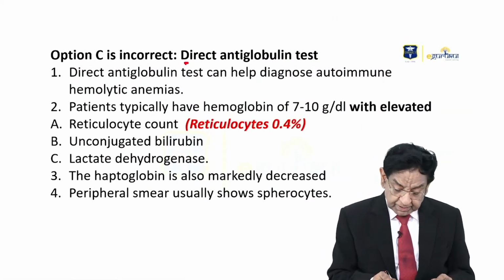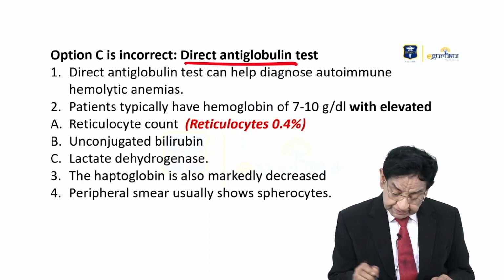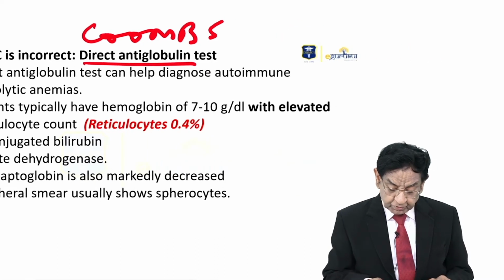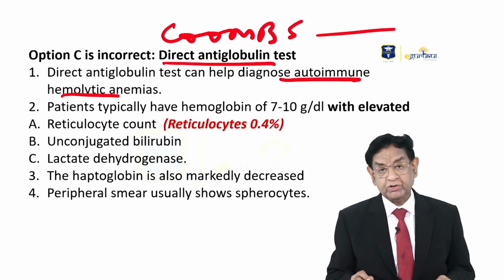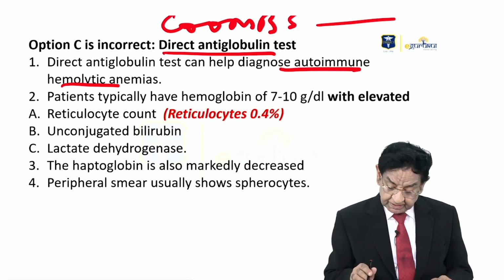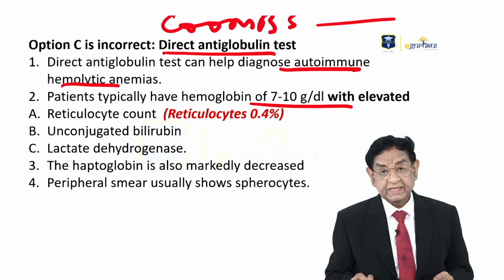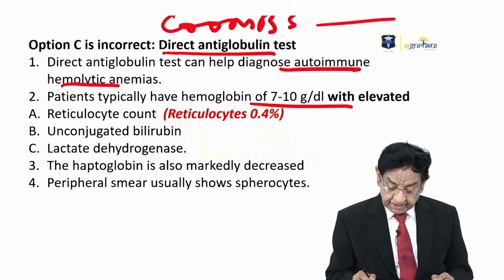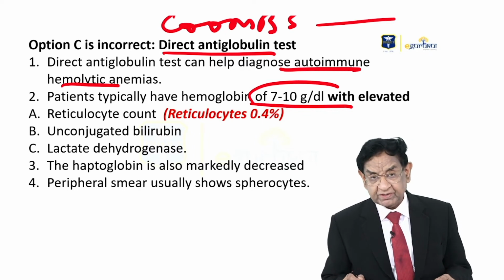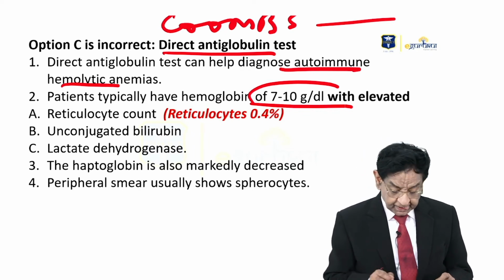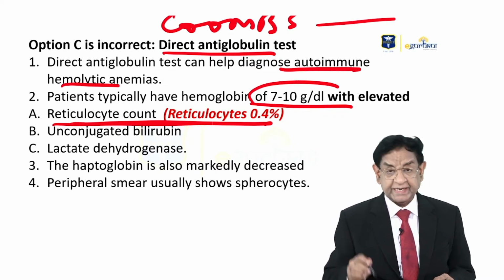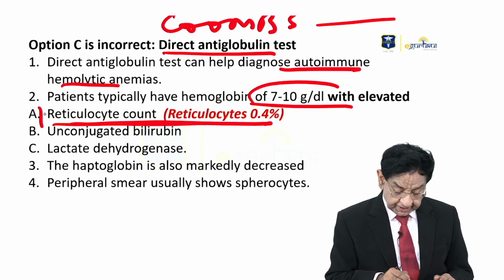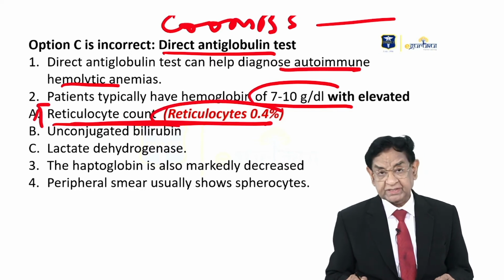Direct antiglobulin test, also called the Coombs test. We do the Coombs test in cases where we think autoimmune disease is there. In autoimmune hemolytic anemias, of course, the patient has anemia, but the anemia is usually in the range of 7 to 10. In our case, it is 7 gram. Retic count is checked, and usually in this case retic count is increased, but in our case, retic count is reduced.